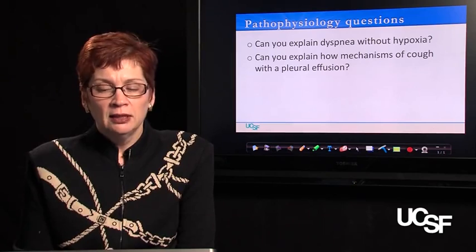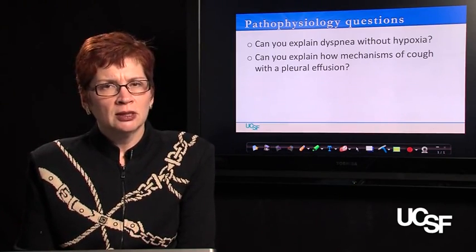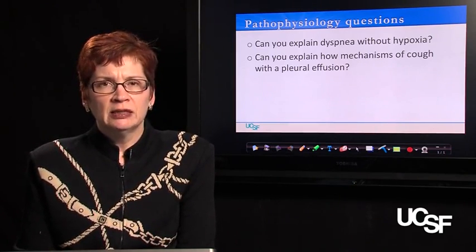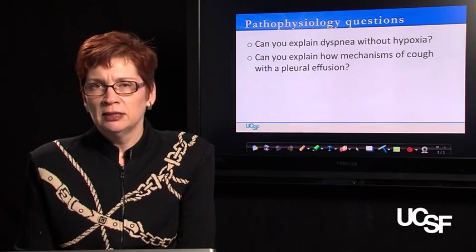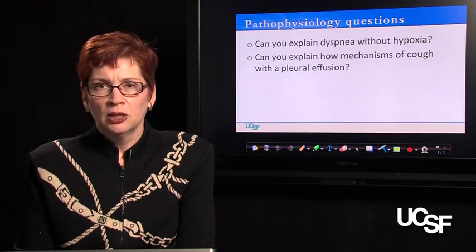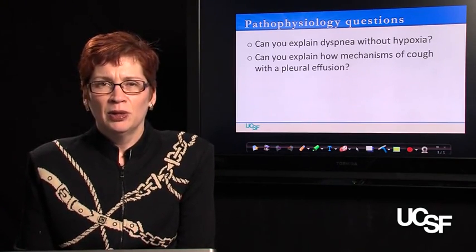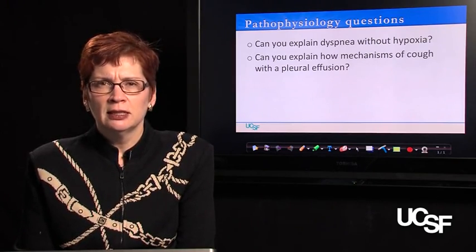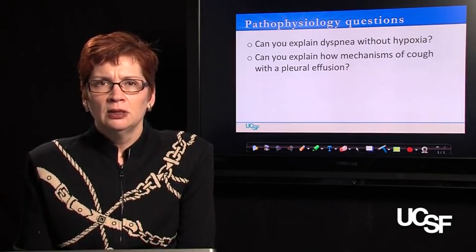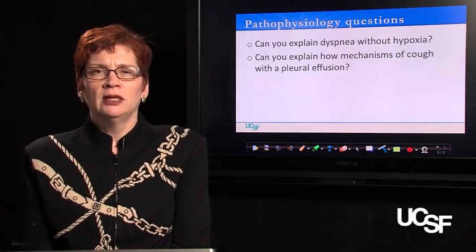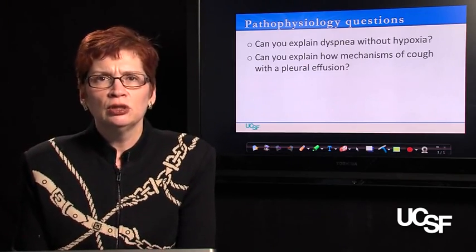For example, this patient has really substantial dyspnea, but her pulse oximetry suggests that she's not substantially hypoxic. She might be a little bit hypoxic, but her pulse ox is normal and her dyspnea is profound. So one of the questions to ask yourself is, is that a clue that's useful to us?